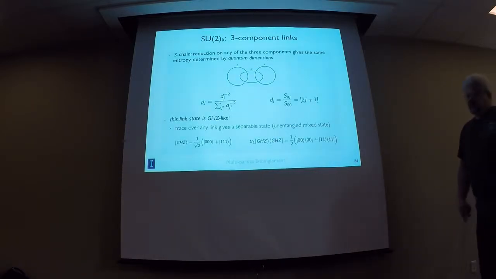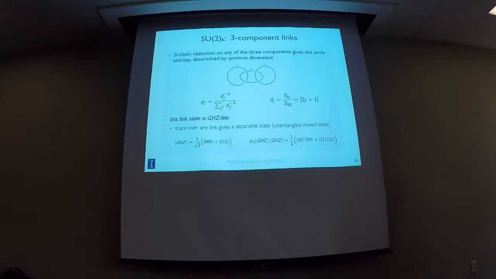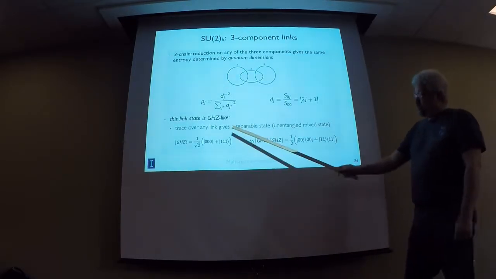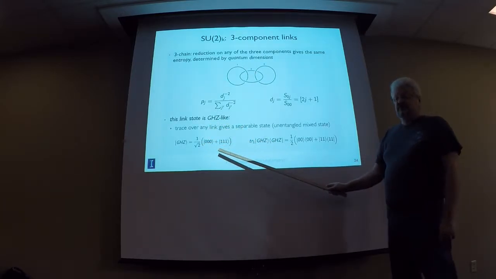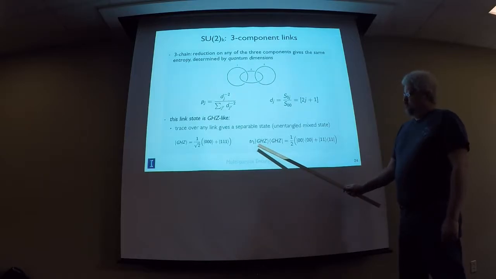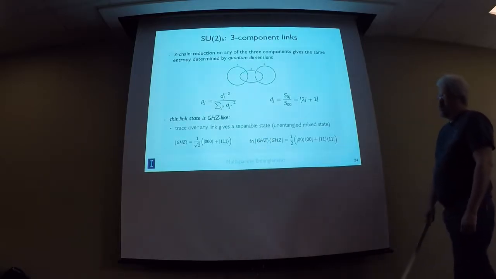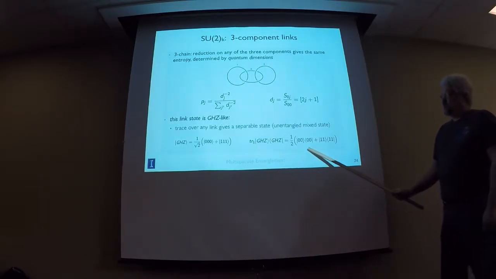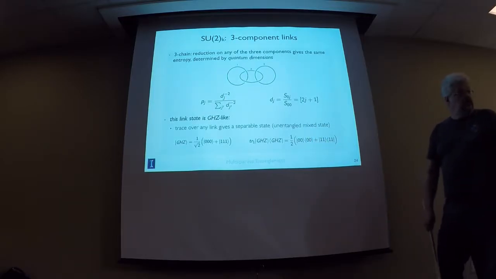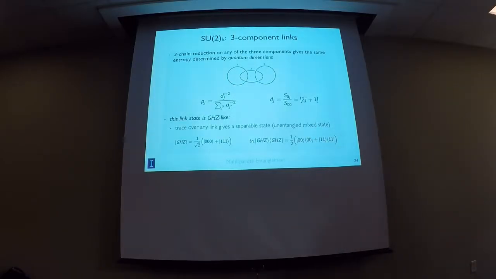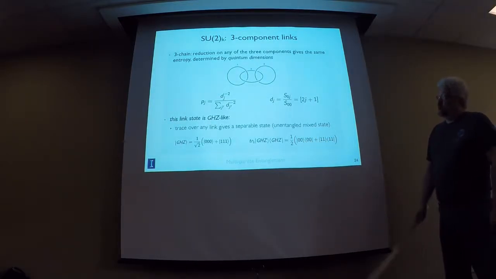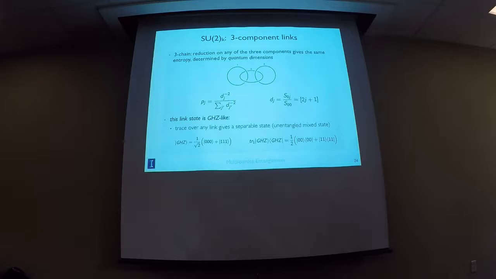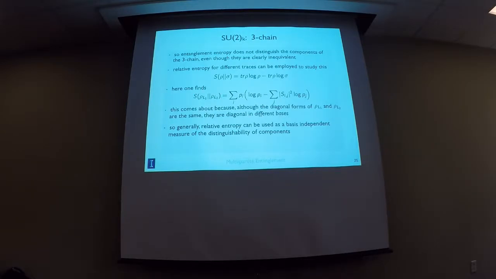It turns out that in that case there are essentially 2 different types of states you can get. The first is this GHZ state, where if I trace over any of the qubits, for example the first slot, you get a state that's mixed, but it's unentangled. So the result gives you something trivial from the entanglement point of view.